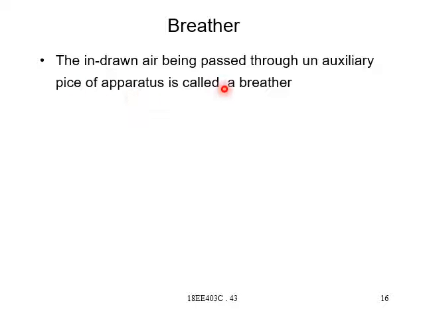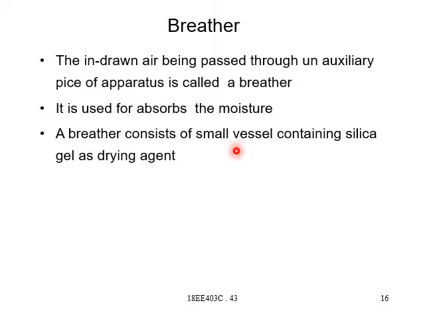It is used for absorbing the moisture. As we have said, when it is indrawing the air from the atmosphere, it also draws in moisture. So in order to prevent that, we use a breather with silica gel, and it is used to absorb the moisture.